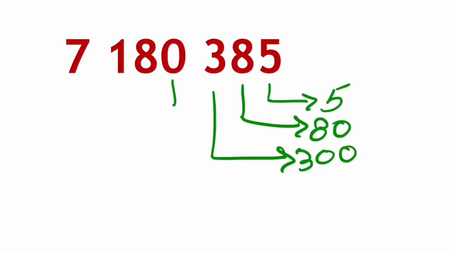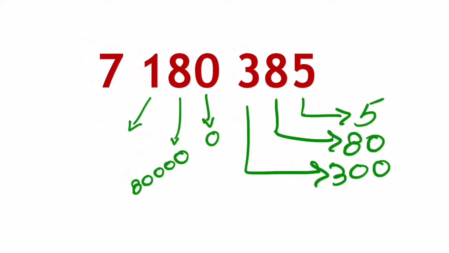And then 0, wherever it appears, it should be representing 0 because it's nothing. 8 is in 10,000s position, so it should be representing 80,000. 1 is in the position of 100,000s, so it should be representing 100,000. 7 is in the position of millions, so that 7 should be representing 7 million.